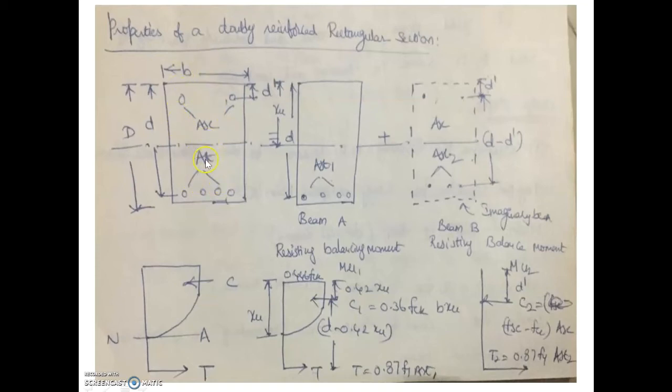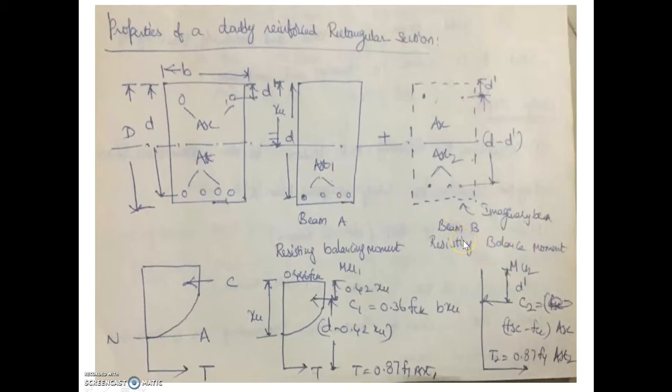So this doubly reinforced beam section is divided into two beams, beam A and beam B. Beam A resists the balancing moment, that is Mu1, the limiting moment of resistance. The limiting moment of resistance is calculated as for a singly reinforced beam having only tension reinforcement, that is Ast1, and the resisting balance moment.